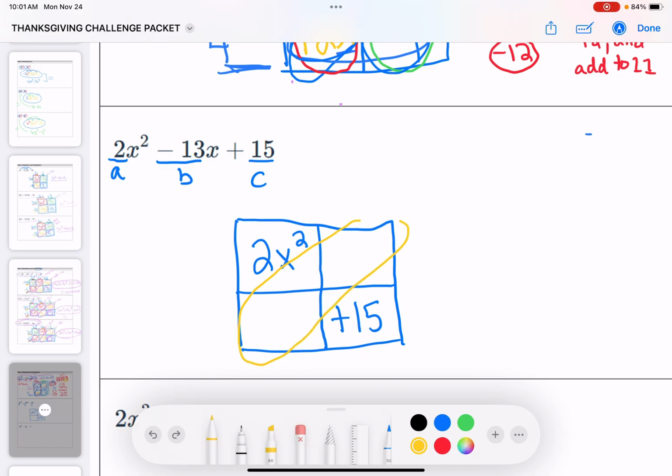This is our mystery 2 numbers, but I know they will add to B, which is -13. Now over here, I'm going to do A times C, which is 2 times 15. Oops, I don't know where that little negative sign came from.